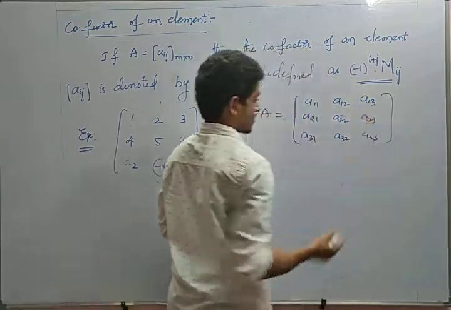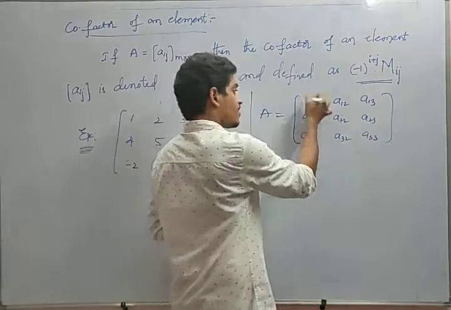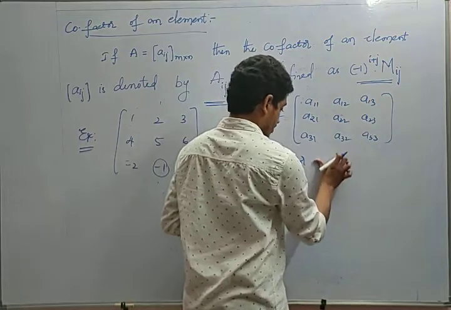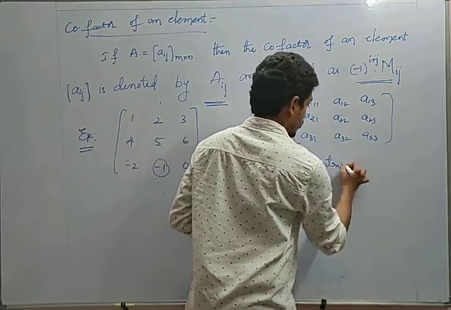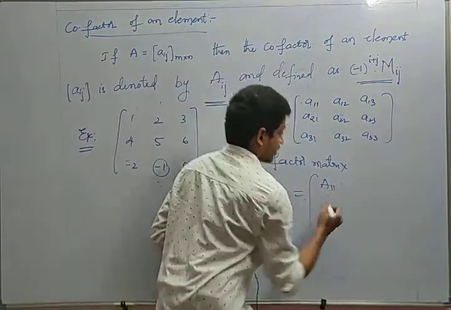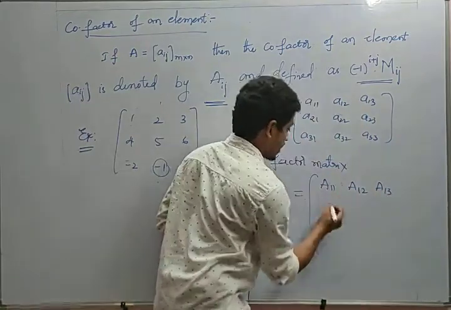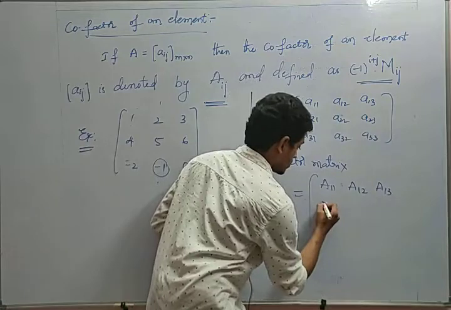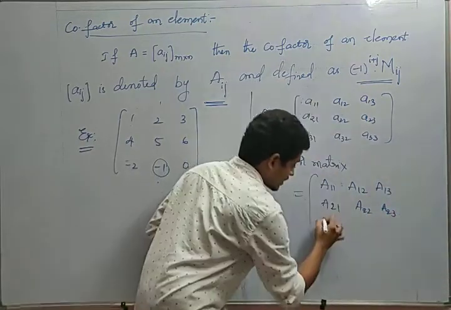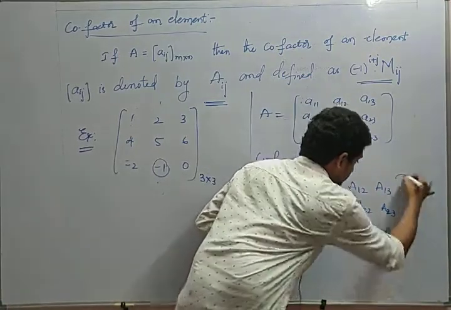We are calculating the cofactors for every corresponding element. Now I am writing the cofactor matrix of this matrix. See, what is the cofactor of A11? Capital A11. What is the cofactor of A12? Capital A12. Like that, if I calculate everything and arrange corresponding to elements in the respective positions, A21, A22, A23 and A31, A32 and A33, okay, this is the cofactor matrix.